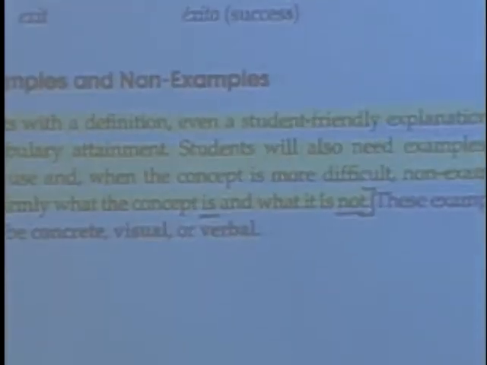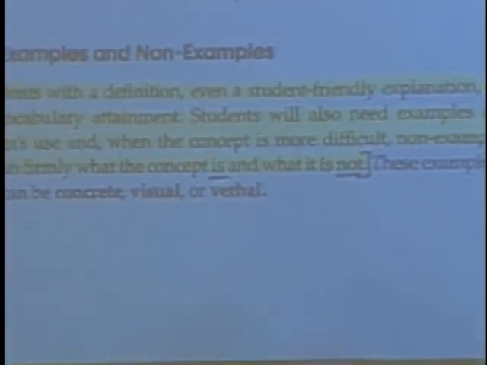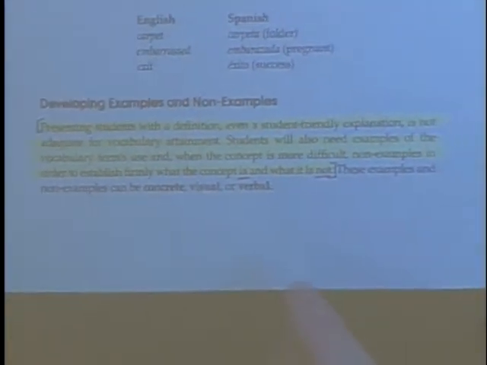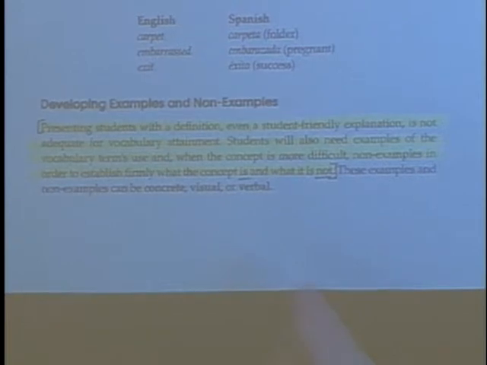Presenting students with a definition, even a student-friendly definition, is not adequate for vocabulary attainment. Students will also need examples of the vocabulary term's use, and when the concept is more difficult, non-examples in order to establish firmly what the concept is and what it is not. Say it with me. Not.